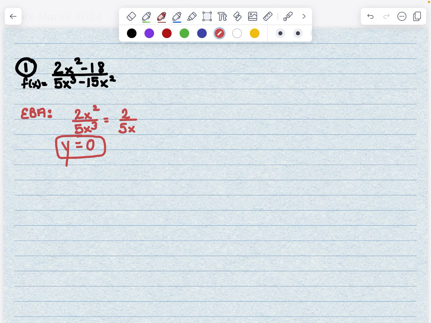The next thing we're going to have to do is some factoring. And once we factor, we'll be able to determine what all of the other pieces are, like vertical asymptotes and holes and things like that. So I'm going to take out the GCF first, and that is always a good step.